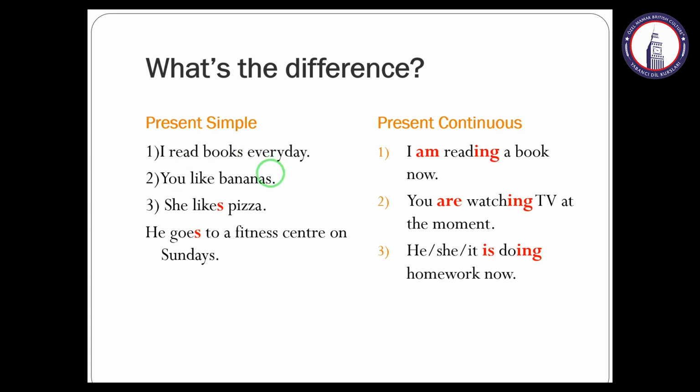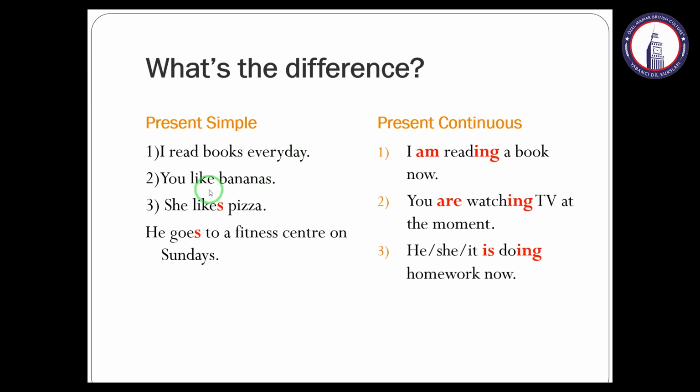So every day here is showing that the action is being done every day. Not just today, not just tomorrow, but every day. So this is something general. This is something normal that happens every day.